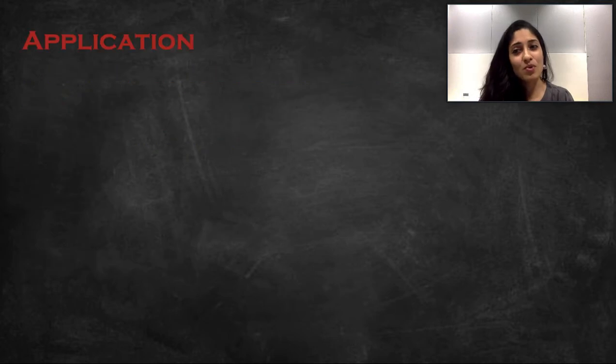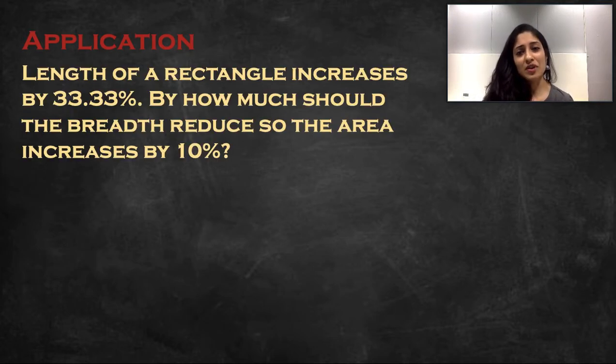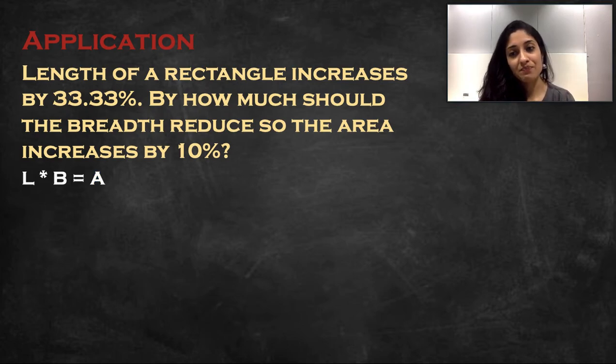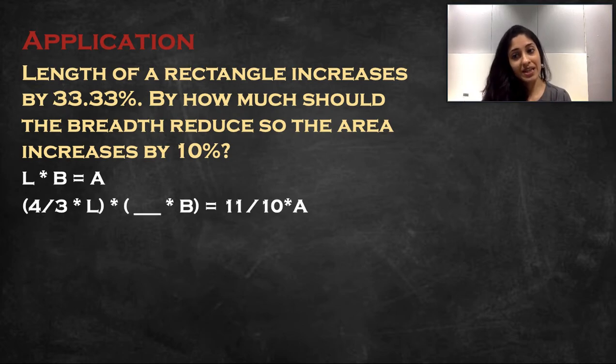Let's look at one more example. The length of a rectangle increases by 33.33%. By how much should my breadth reduce so that the area increases by 10%? Now here we know length into breadth gives you area. Using a similar method as in the previous question, as length has increased by 33.33%, which is one third, length becomes 4/3 of itself.